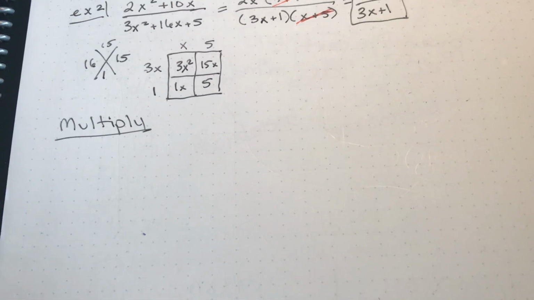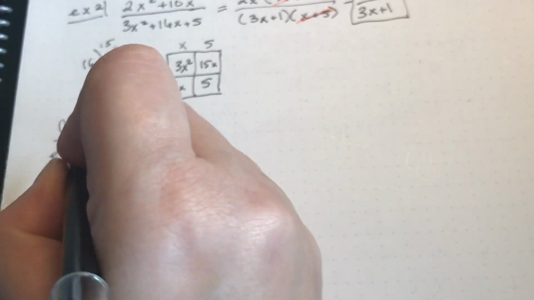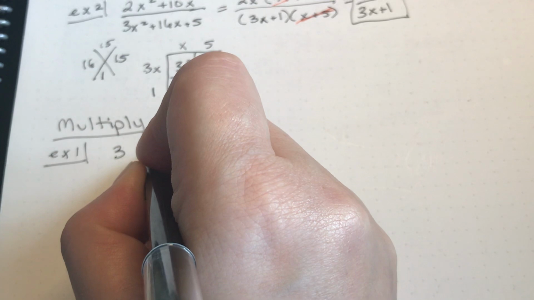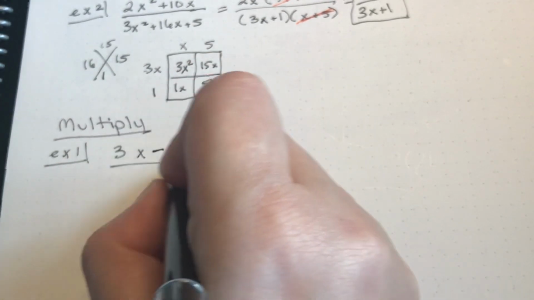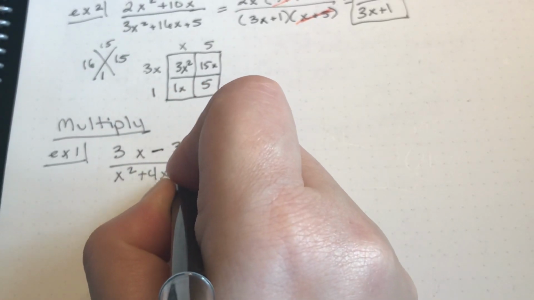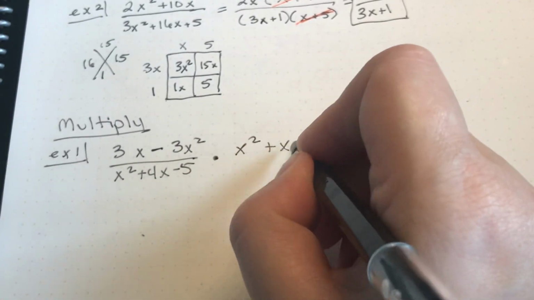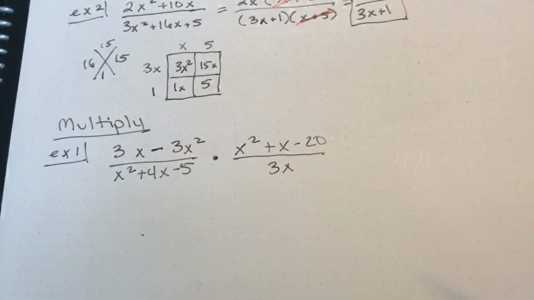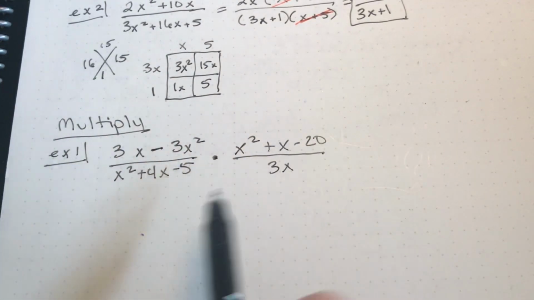To multiply, so let's say I have 3x minus 3x squared divided by x squared plus 4x minus 5 times x squared plus x minus 20 divided by 3x. Okay, so the first thing I want to do is factor all of this.